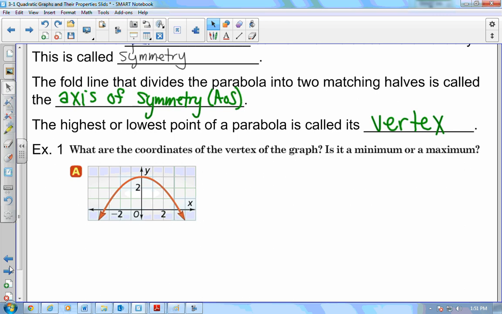Actually, I don't think that's the correct coordinates. Okay. Fatima, what did you get for the vertex? What are the coordinates?